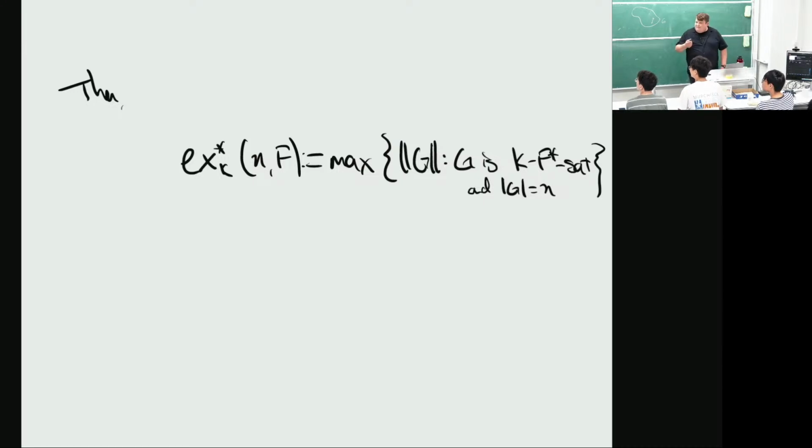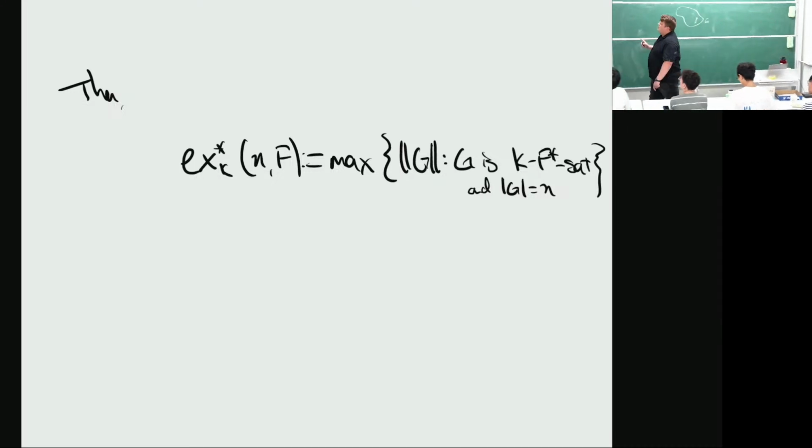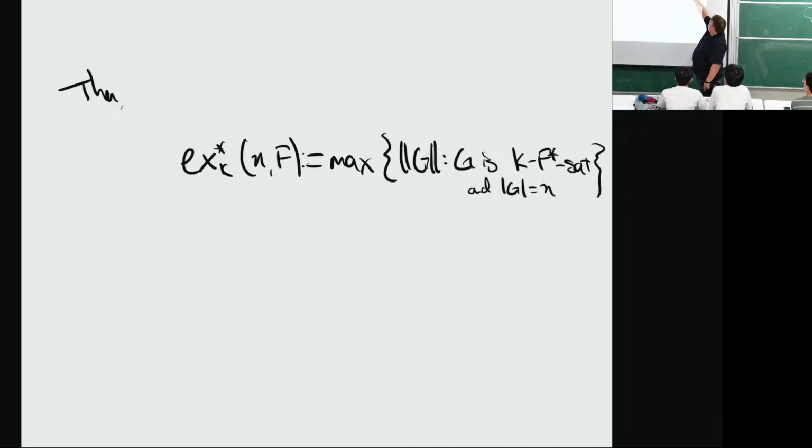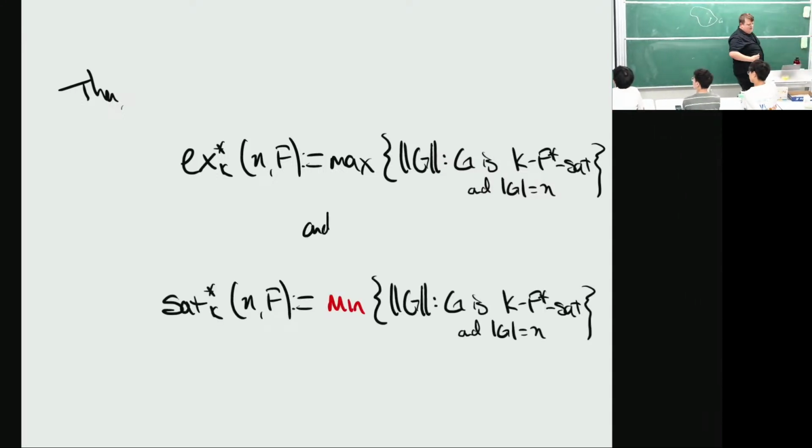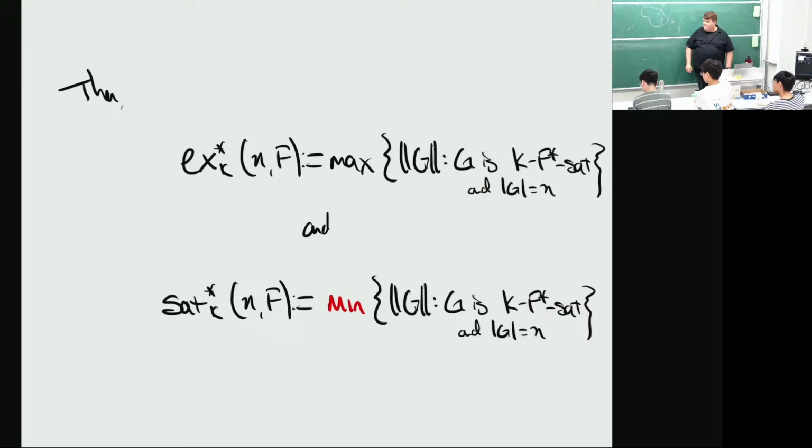Okay, once you have a definition for saturation, you can define extremal numbers in this way. It's exactly the same thing that we had before, except it has a K in front of F-saturated. You can define the saturation number as the minimum over the same set.